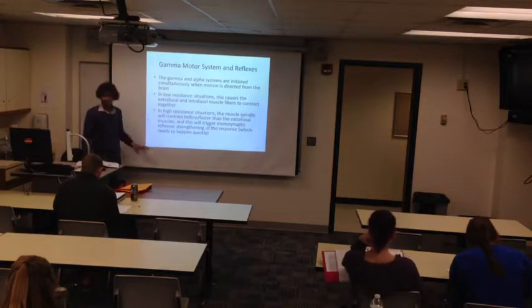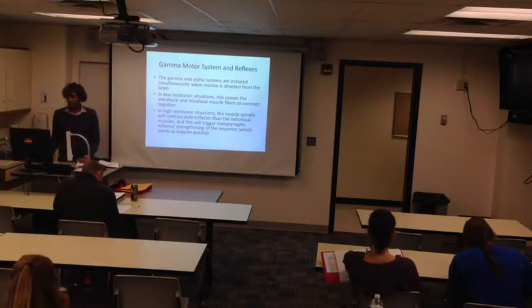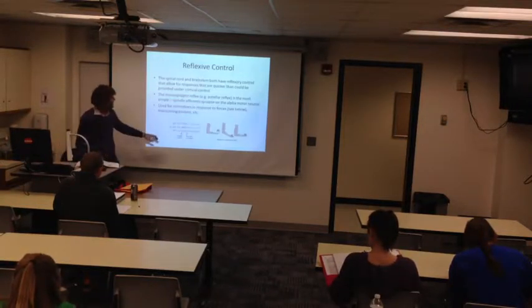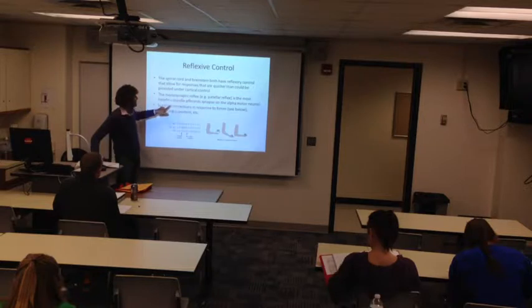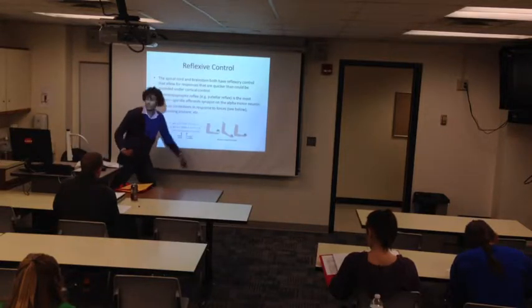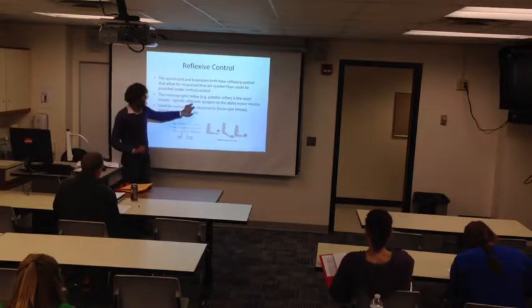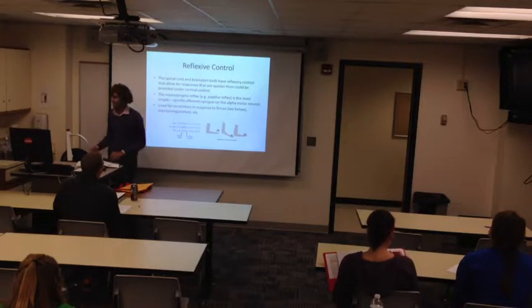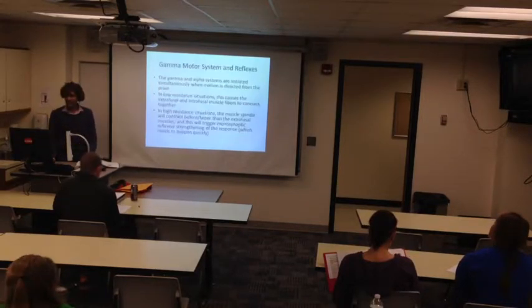The gamma motor system. So here we talked about this monosynaptic reflex that uses spindle afferents, going back to the alpha motor neuron system. So this is involving the gamma. These spindle afferents are gamma system and the alpha system. And so this is how the gamma and alpha systems coordinate.